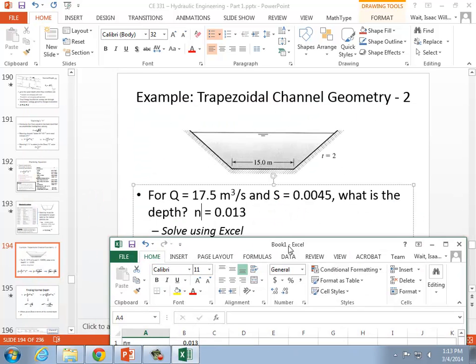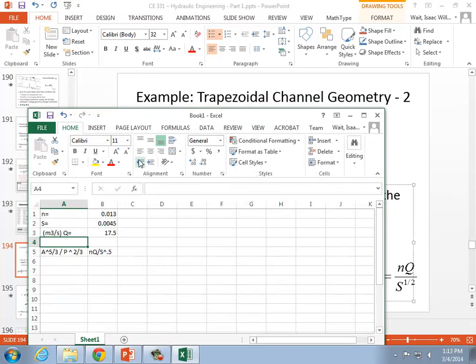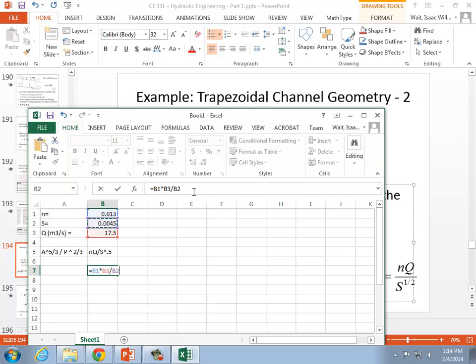That's what was given in the assignment description. All right, so here we're going to have n times Q divided by the slope to the 1/2 power.